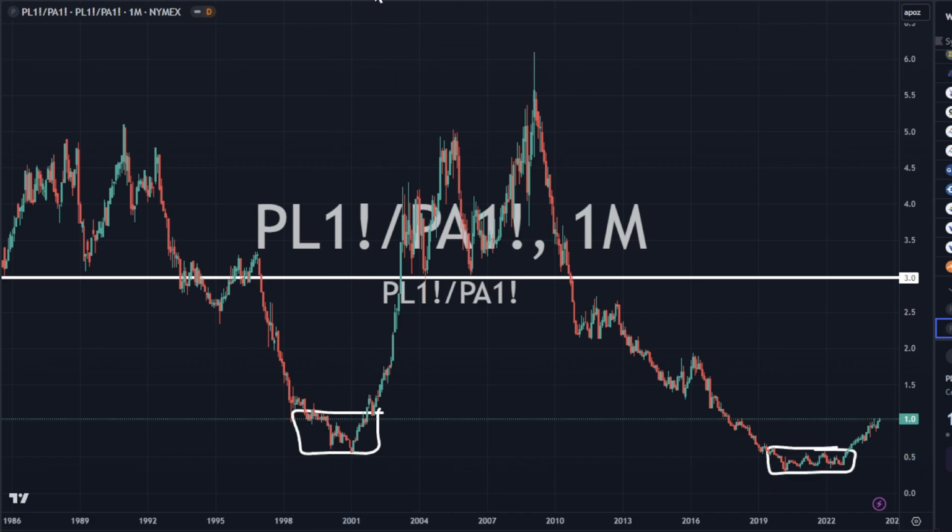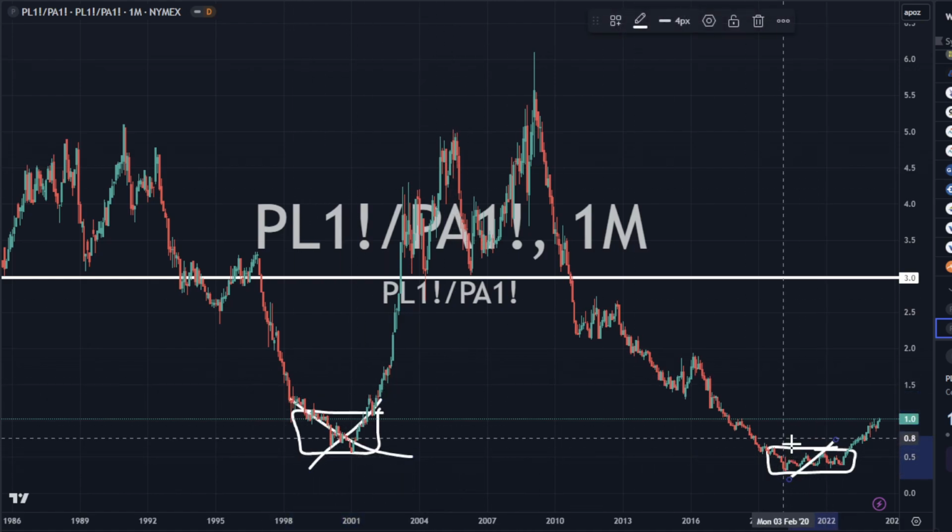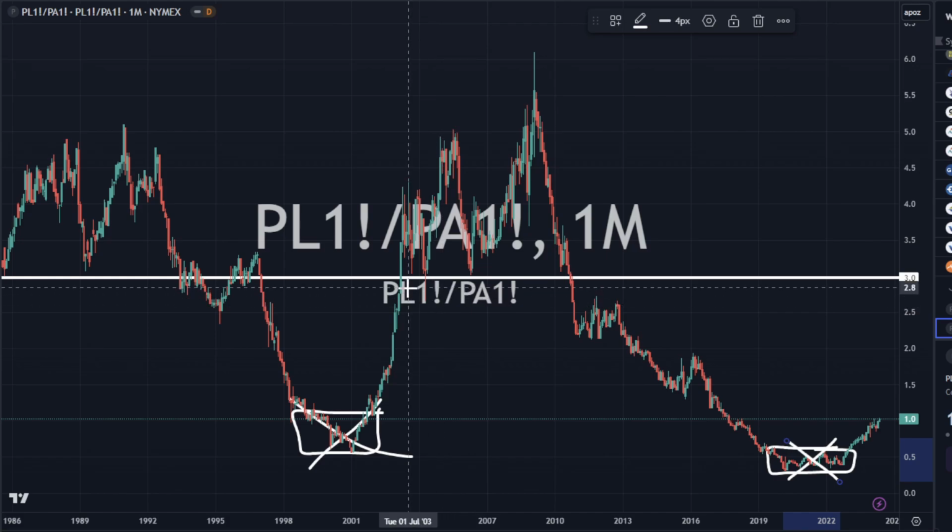So when I look at the commodity bull market, I look at the commodity to stock ratio, I tie everything together and I purchase these X's down here. That's where I purchase a lot of my holdings.